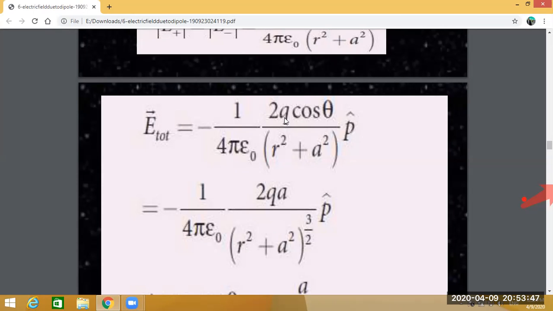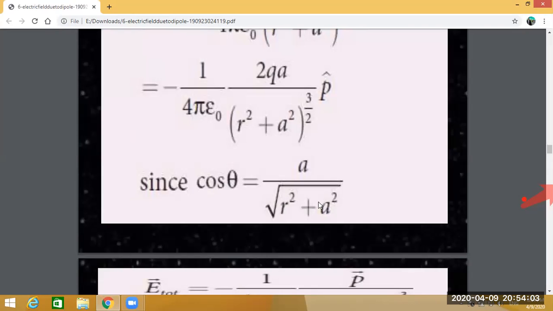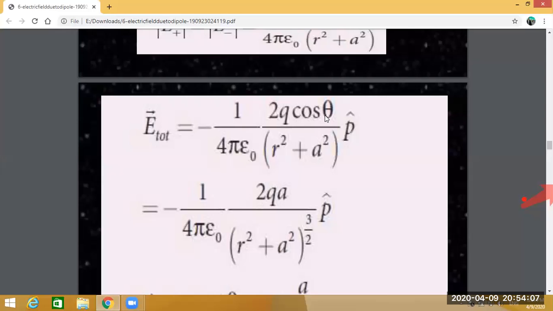Therefore 2aq divided by r square plus a square into root under r square plus a square will be r square plus a square whole 3 upon 2. This is the result, and hence this is the value of cos theta placed here.